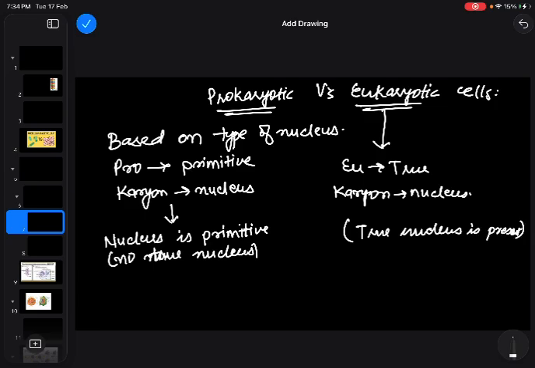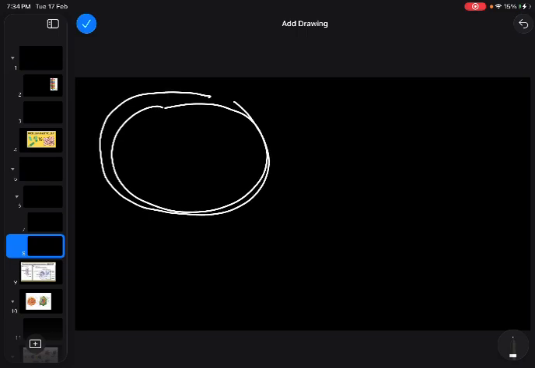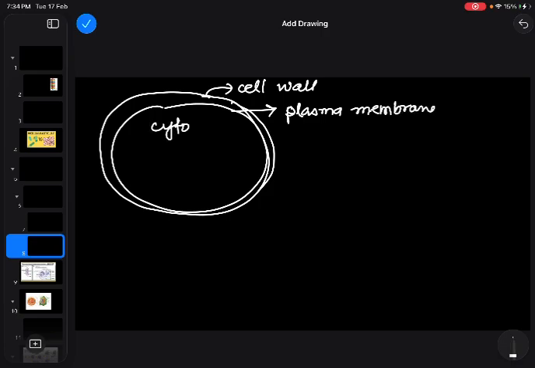So if we look at the structure, structural wise, let's suppose this is a prokaryotic cell. It has cell wall, which is the outer layer, then plasma membrane, then the inner compartment is called cytoplasm.